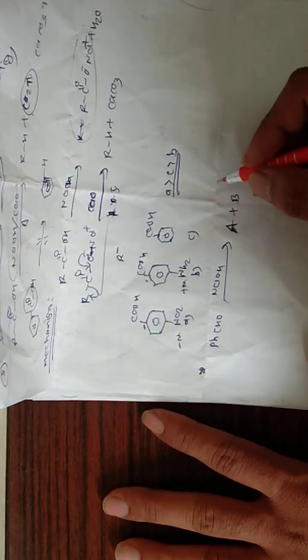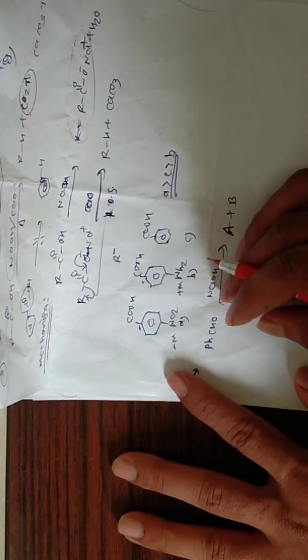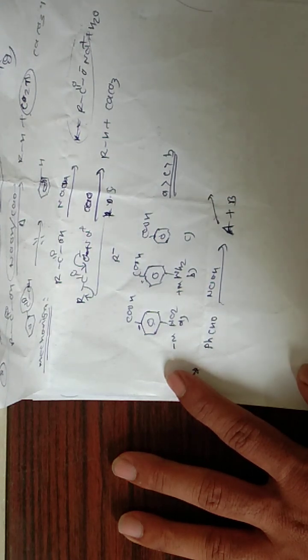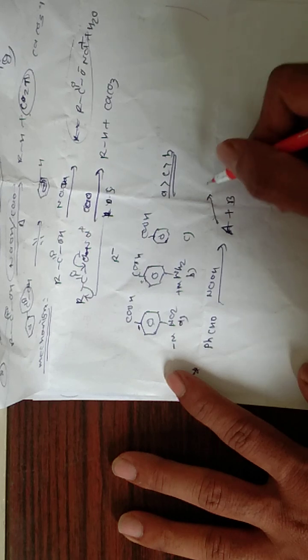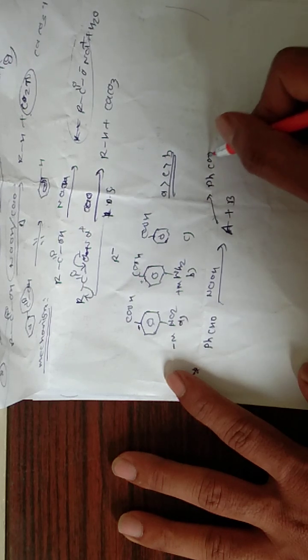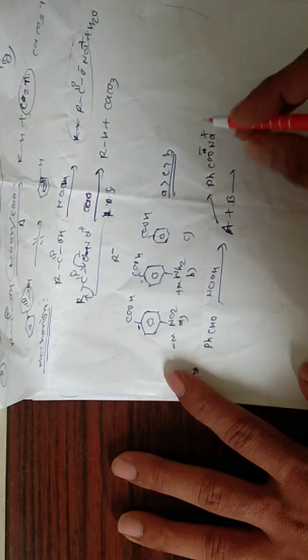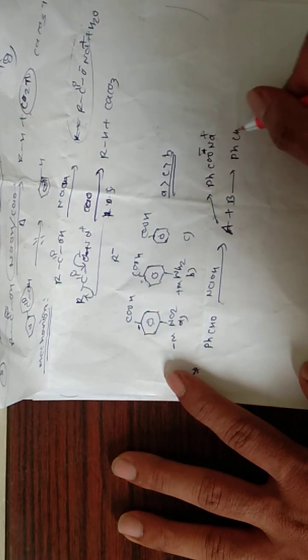In the Cannizzaro reaction, what is the product? Let's suppose one is the oxidized product and one is the reduced product. A will be PhCOO minus Na plus, and what will B be? PhCH2OH. This will be the product.